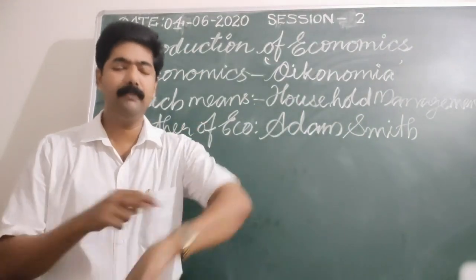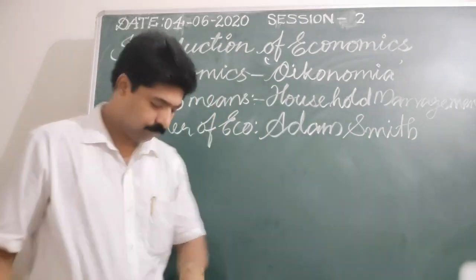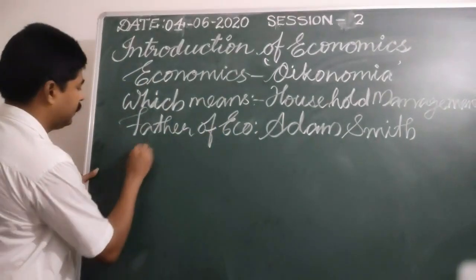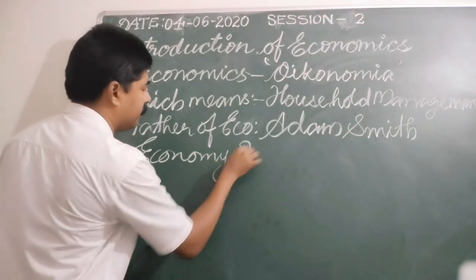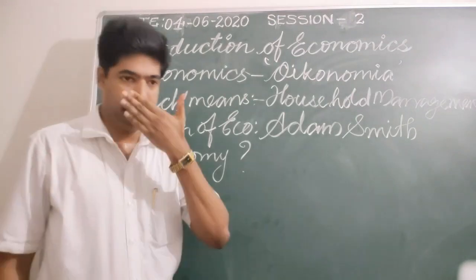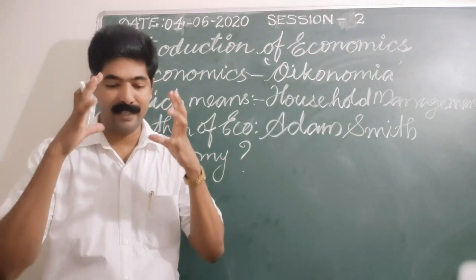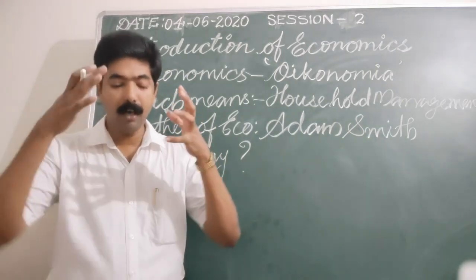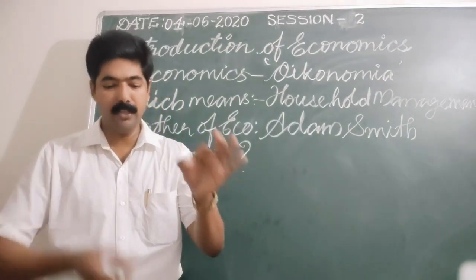Now the next term we should define is economy. What is an economy? So I am writing economy. What is called an economy? An economy is a system that provides living to the people.